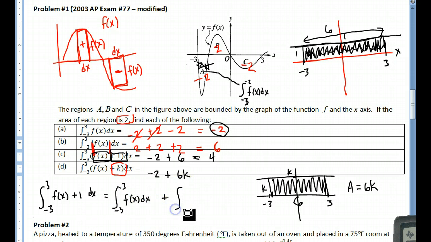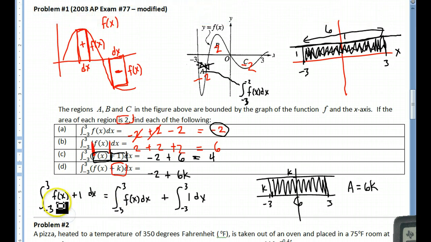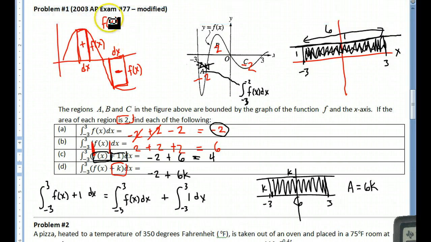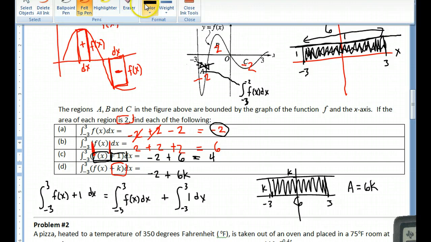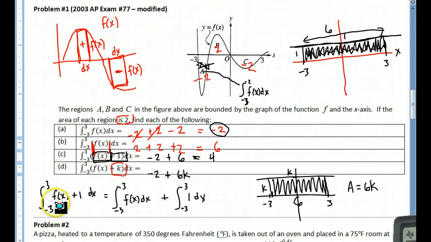Plus. That's just, no, I don't think that made it worse. Okay, think about it. Look, you have this. F of x is here.